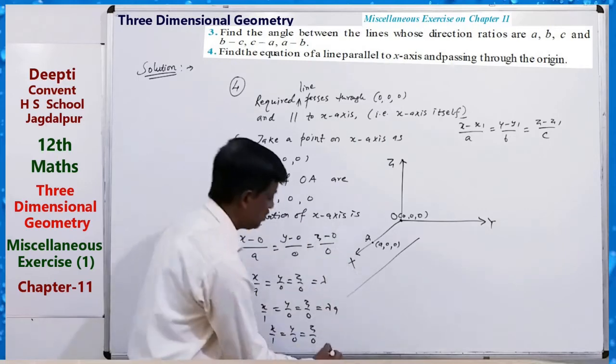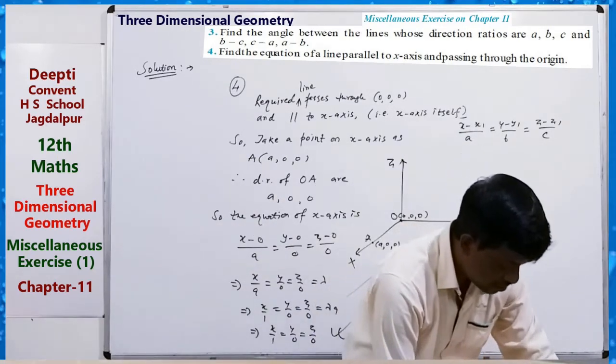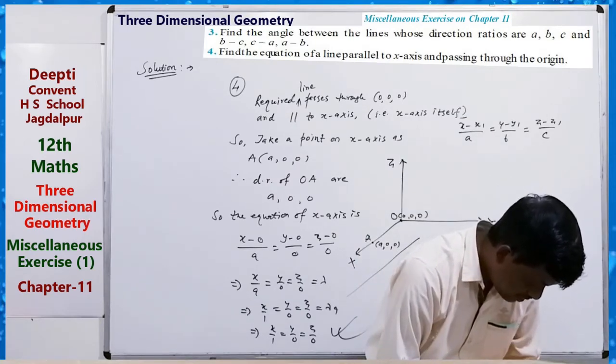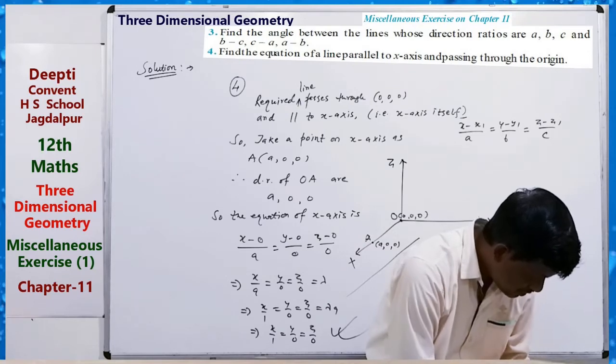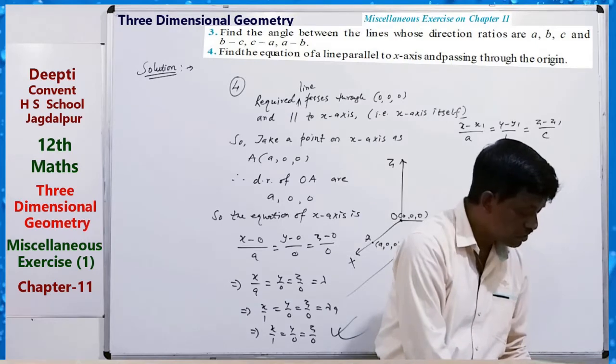So this is our required equation of the line. So here we can see that the answer is x by 1 equals y by 0 equals z by 0. Okay.